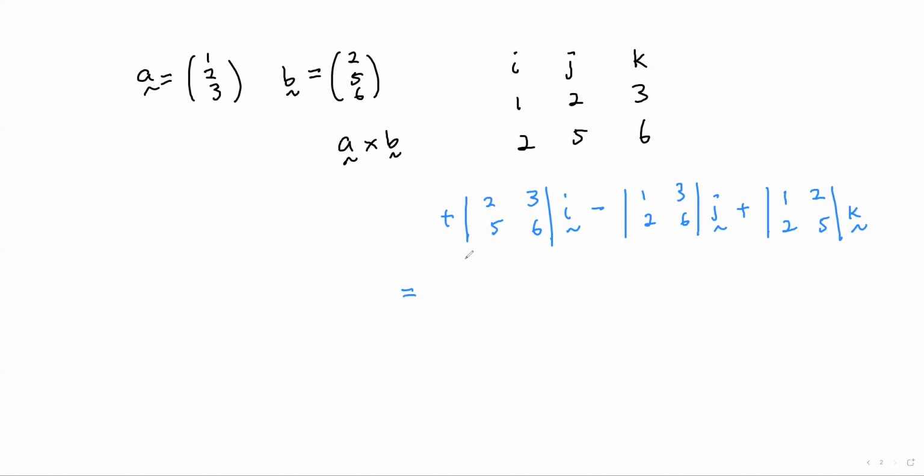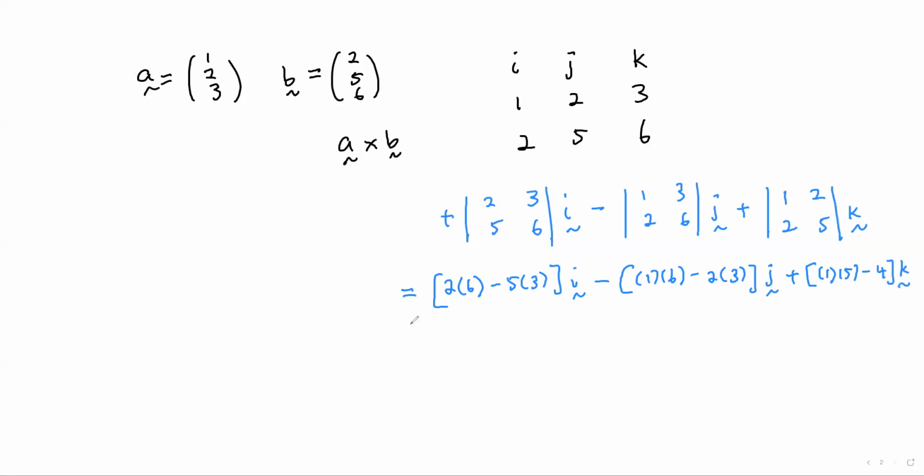This is 2 times 6 minus 5 times 3, and this whole thing is for I. Similarly, 1 times 6 minus 2 times 3 is for J, and then 1 times 5 minus 2 times 2, which is 4, is for K.